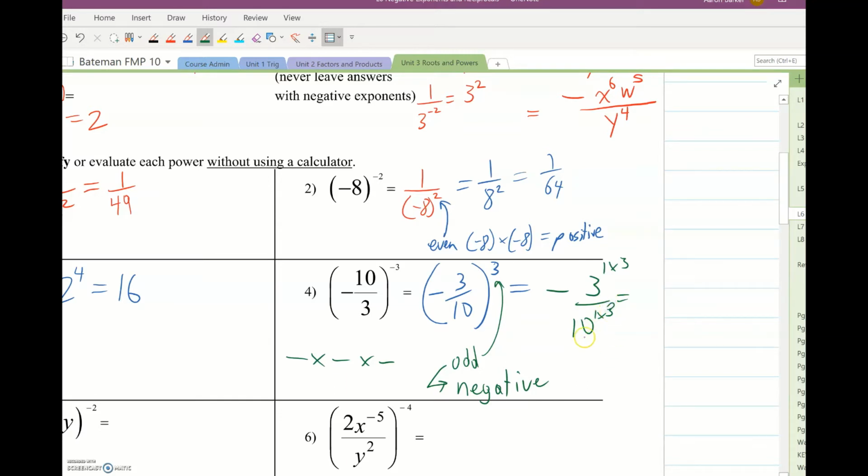Know what's happening. So in your head, you better darn well be saying what I just highlighted. If you're not saying that in your head, you are not going to know what to do with the letters. And last step then is to evaluate. So negative 27 over 1,000. Okay.